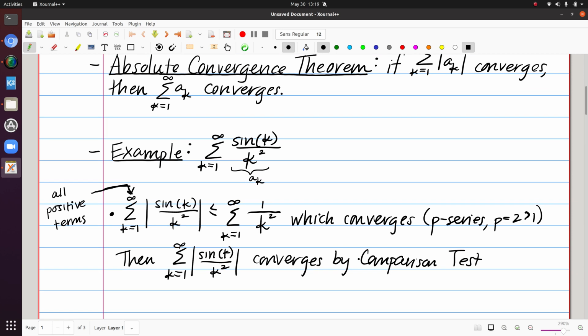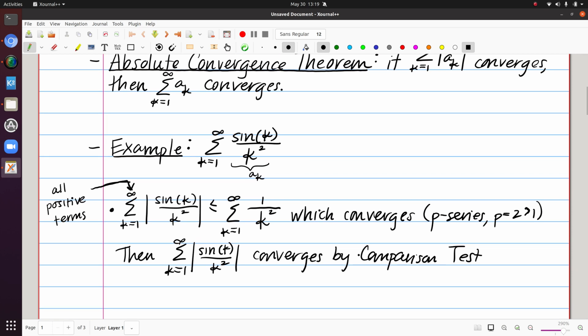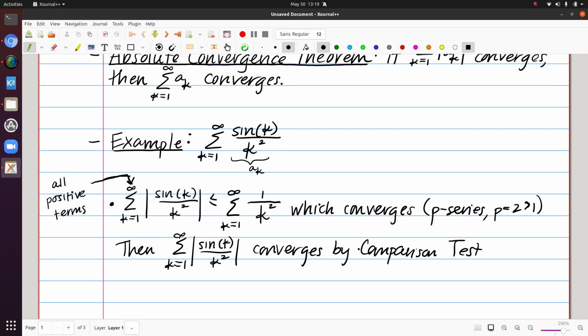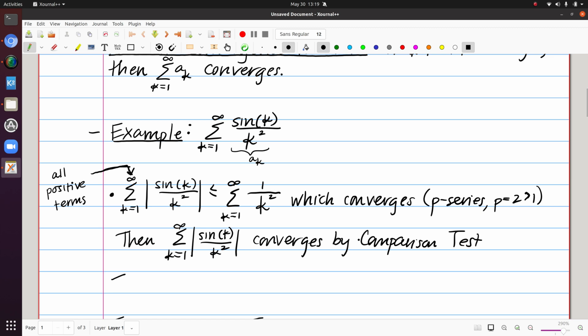However, that allows me then to say that the original series converges, and this only requires one extra step of referencing that theorem. So I can say that the sum from 1 to infinity of sine of k over k squared also converges, and this is by the absolute convergence theorem.